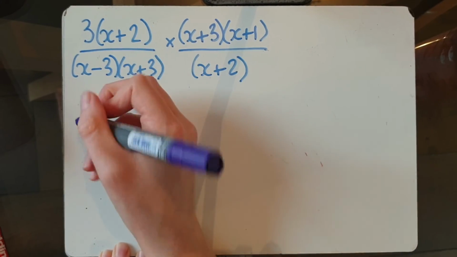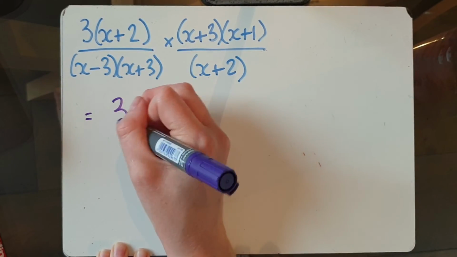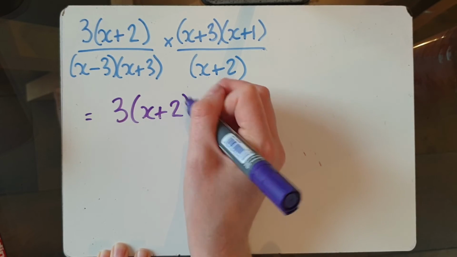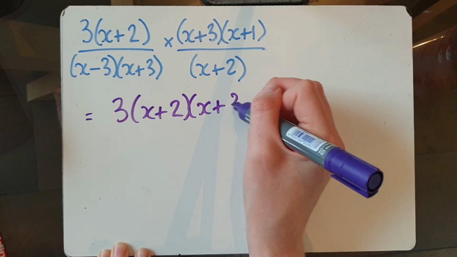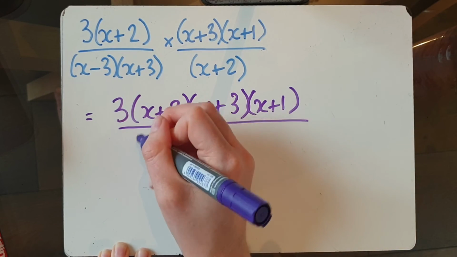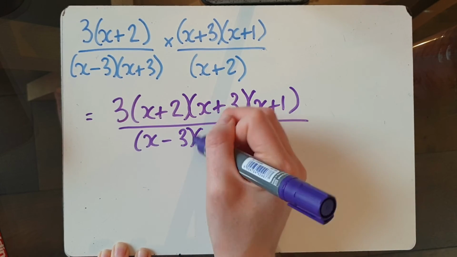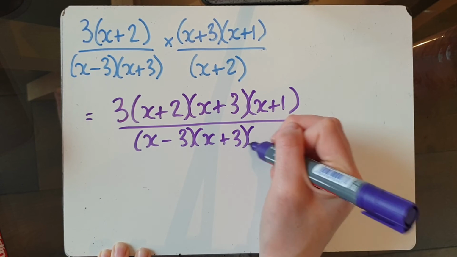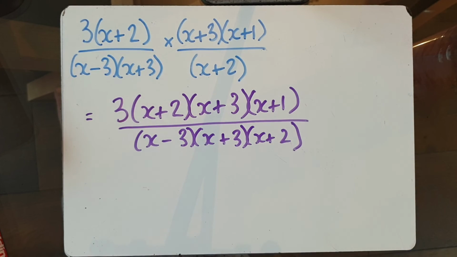First thing I'm going to do is multiply the numerators together, but without multiplying anything out. Just want to write it as a single fraction. And the denominators together as well. Then I have a look at what is a factor of the top and the bottom.